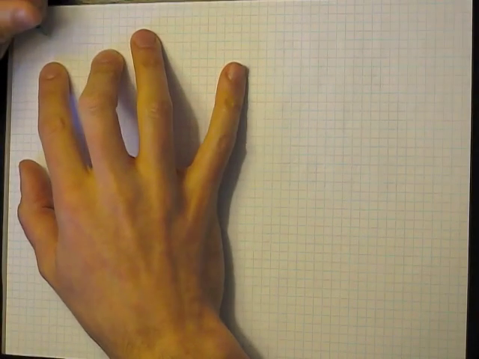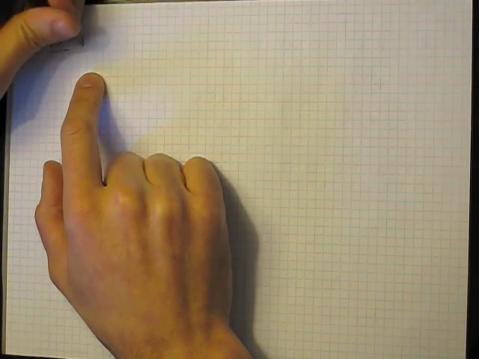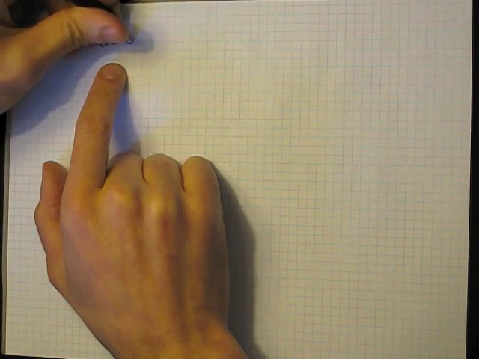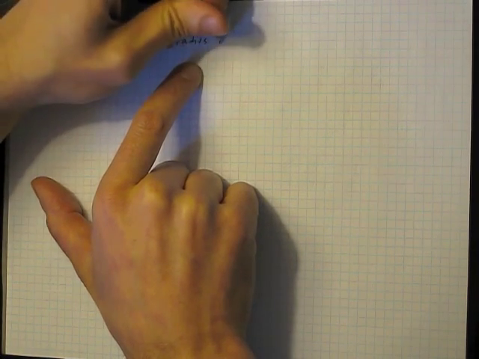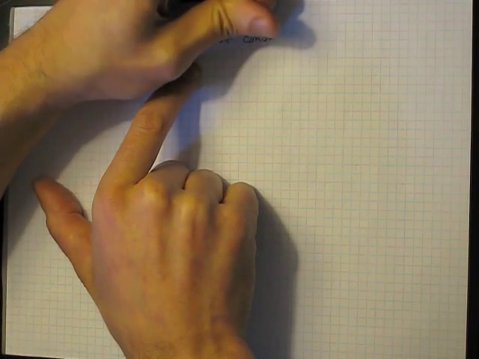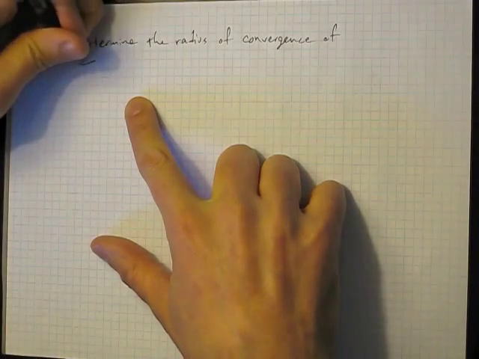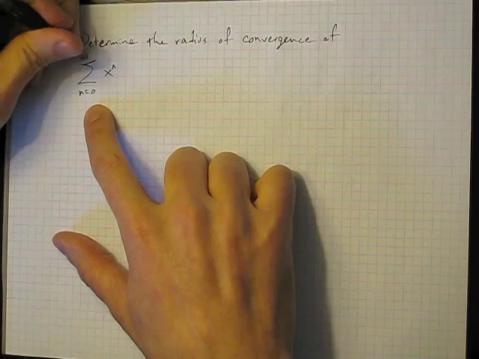So example, and this is how the question will be phrased. Determine the radius of convergence of the series, let's do the sum of x to the n, n goes from 0 to infinity.